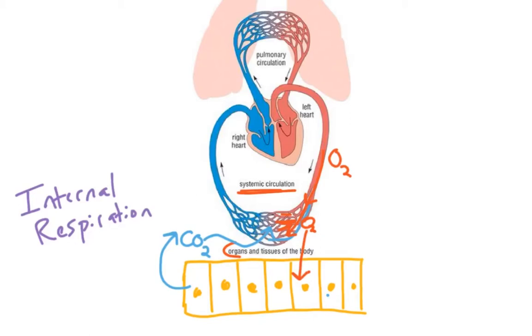And so you see gases moving in the opposite direction with internal respiration versus external respiration. But in both scenarios, it's very much passive diffusion, partial pressure gradients that are driving that movement of air.